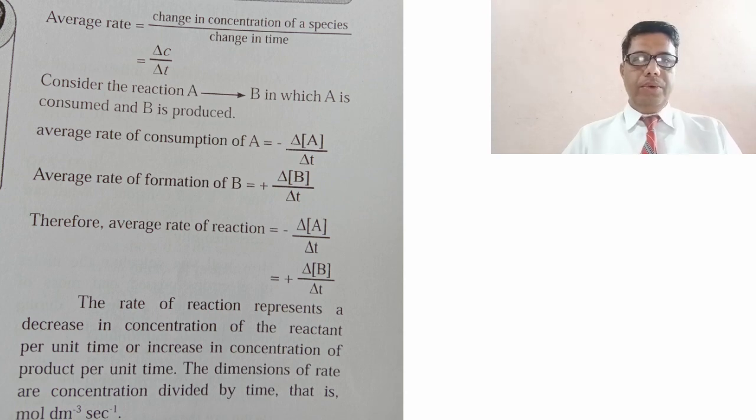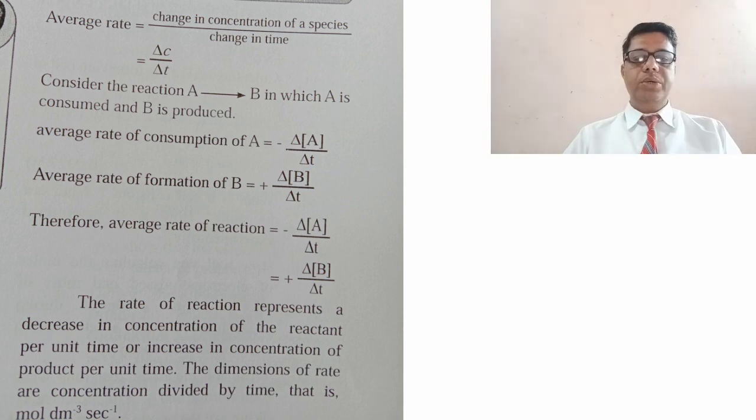Now let us see an example from your book. Simply consider a reaction, A gives B. Here A is the reactant and B is the product formed, in which A is consumed and there is a formation of product B. So first we see how the consumption of A takes place.